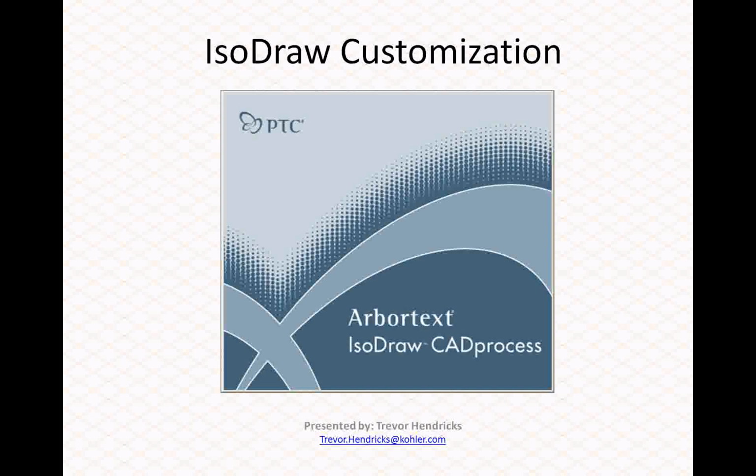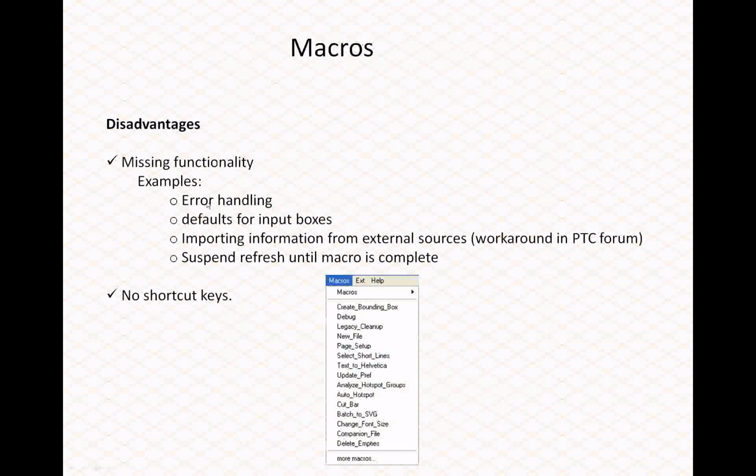A couple others possibly in the future, and some of our other divisions are looking to move over, and they're using up to, I think it was 26 or 27 languages. So once they get going on board with IsoDraw, we'll see if they want to use some of what we have.